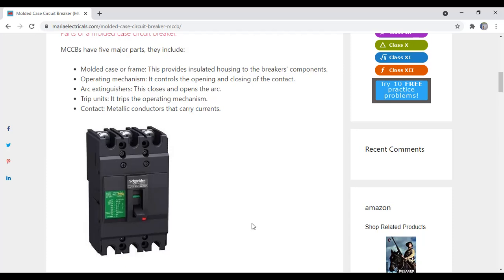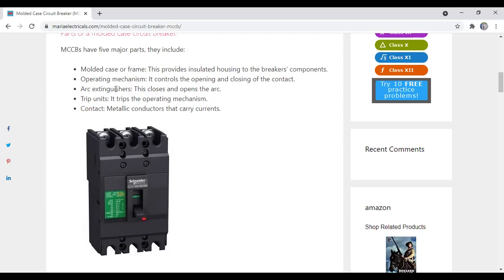Under normal condition, how will the contact be, closed or open? Closed. Under a fault condition, overload condition, or short circuit condition, it will be open.